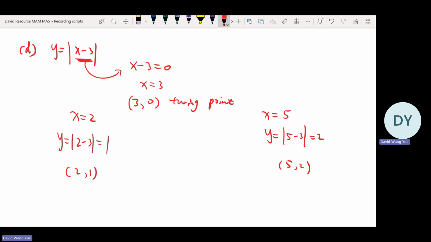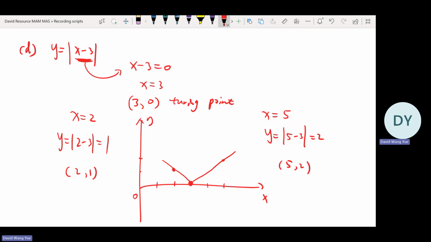With these 3 points, since the x values are all positive, I don't have to draw the second quadrant. So (2, 1), (3, 0), (5, 2). Okay, here you are. That is the graph.